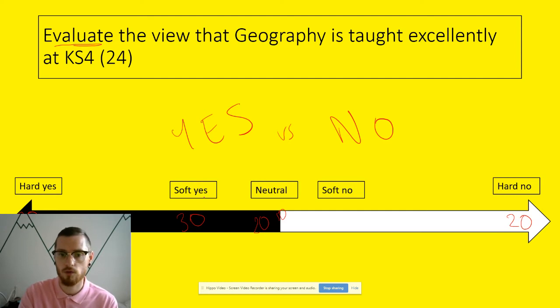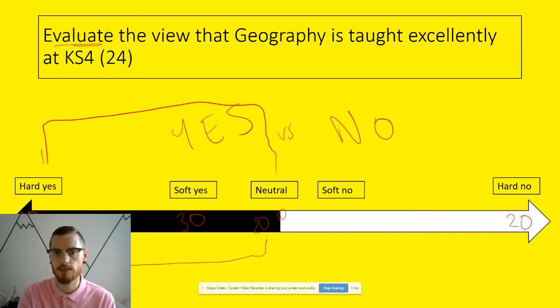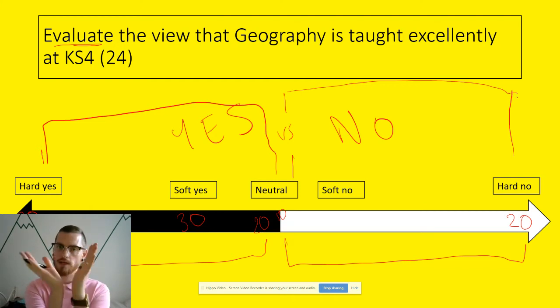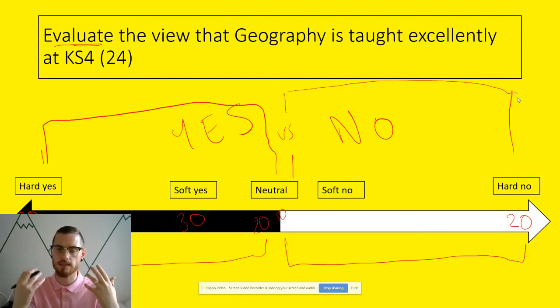Now, in my actual answer, I would be evaluating one side, which would be the yes side, versus the other side, the no side here. But within my two sides of my argument, I'm going to be showing the examiner that the points I use in one side, let's say the yes, aren't all to the same standard of yes, okay?